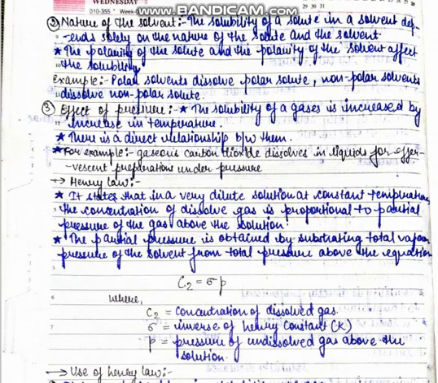The partial pressure is obtained by subtracting the total vapor pressure of the solvent from the total pressure above the solution. The equation is C2 = σP. C2 represents the concentration of dissolved gas. Sigma is the inverse of the Henry constant, that is K. P is the pressure of undissolved gas above the solution.